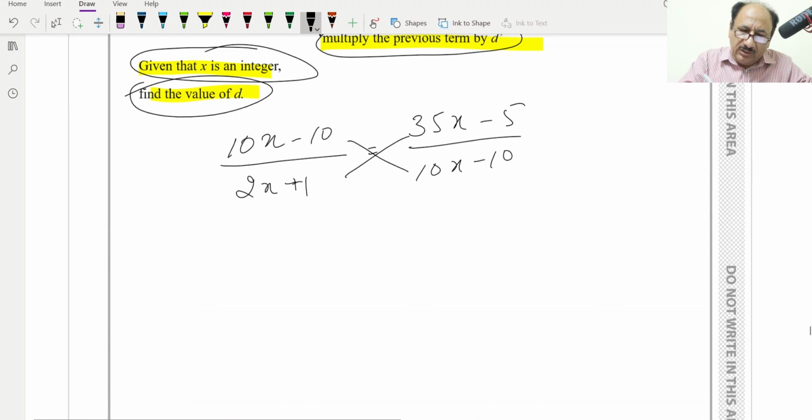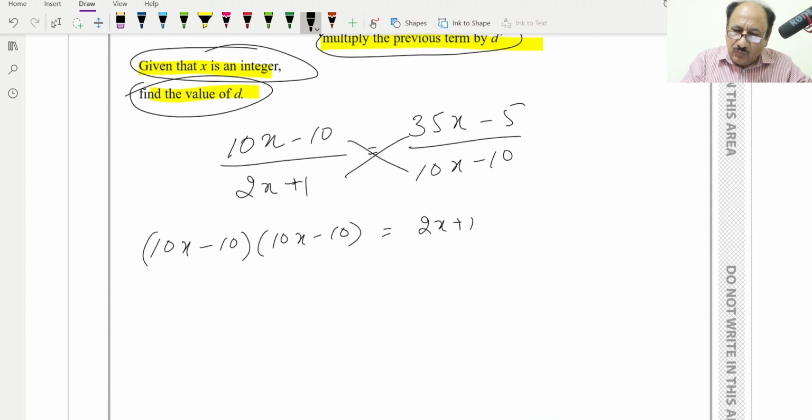We can cross multiply these two, so it will be 10x minus 10 multiplied again by 10x minus 10, is equal to 2x plus 1 multiplied by 35x minus 5.